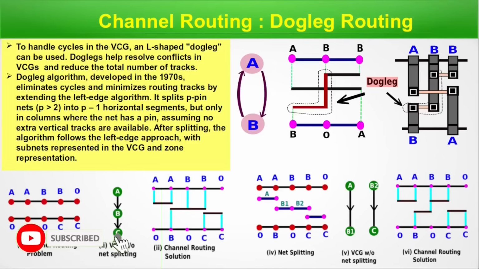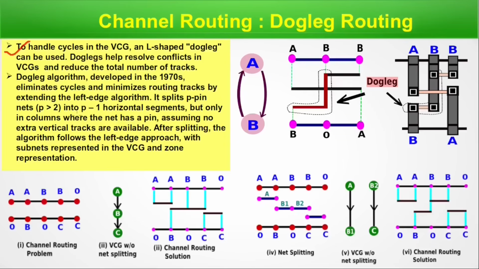To handle cycles in the VCG, an L-shaped dogleg can be used. Doglegs help resolve conflicts in the VCG and reduce the total number of tracks. The dogleg algorithm, developed in the 1970s, eliminates cycles and minimizes routing tracks by extending the left edge algorithm.